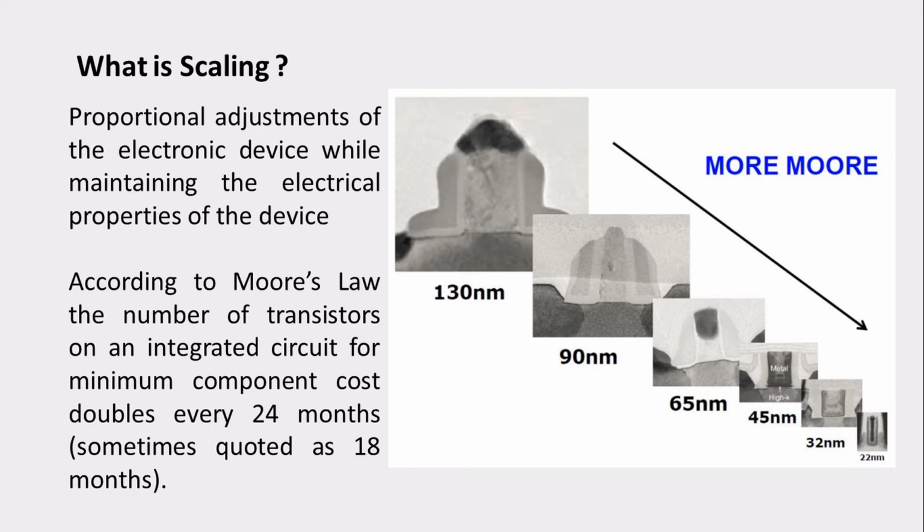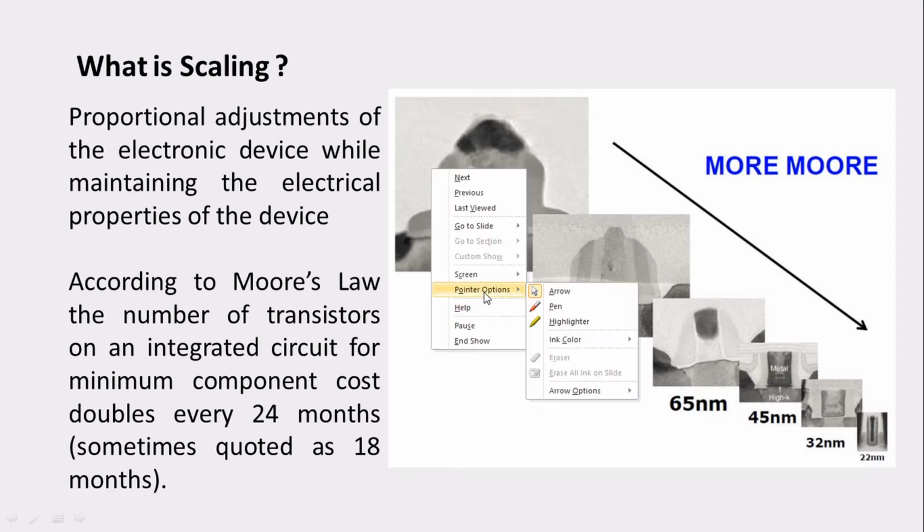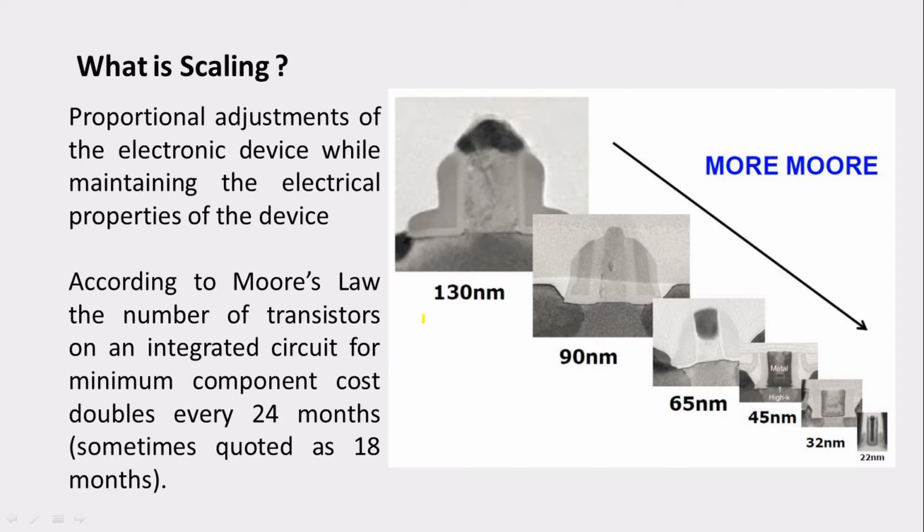Moore said this has to be doubled every 24 months. It started in terms of micrometers, and then they started reducing the channel lengths and channel widths. Based on that, they have come up with different technologies.